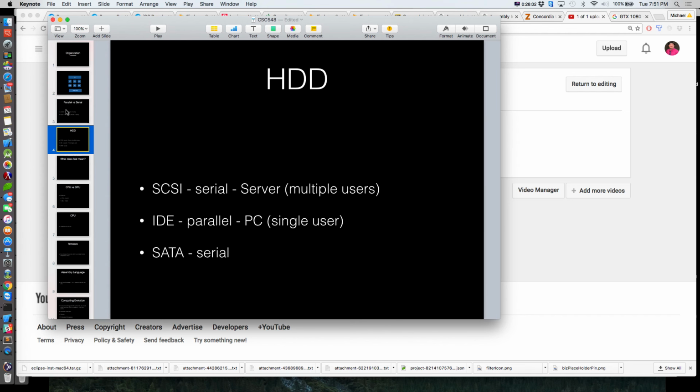All right, so let me go back here. So this is SCSI and IDE. So these are kind of at war with each other. And out of this war, who won? So we're looking at kind of the late 90s. So serial versus parallel. Who came out of that fight? Do you think serial won or did parallel win?